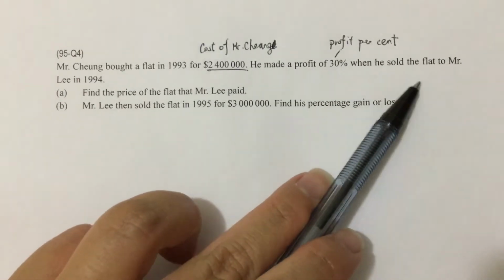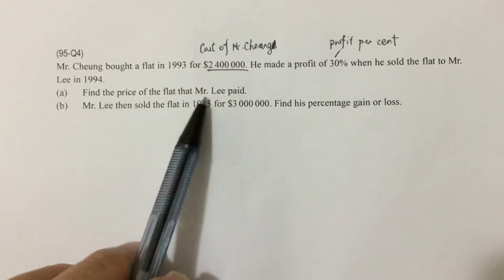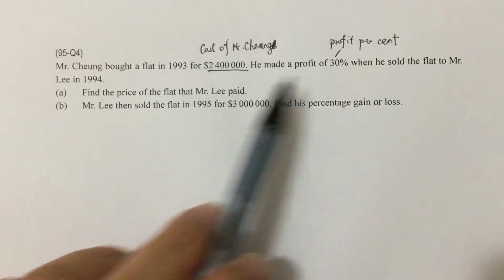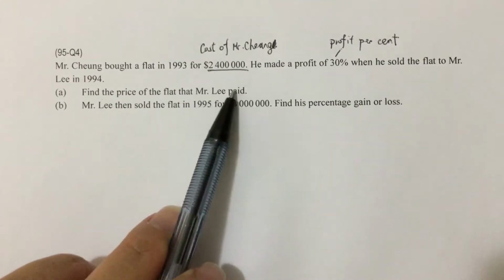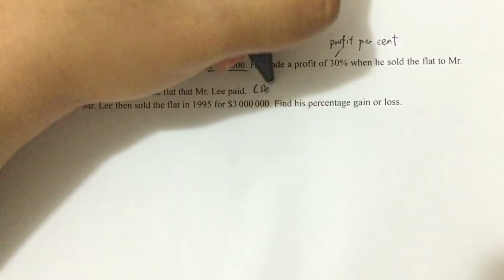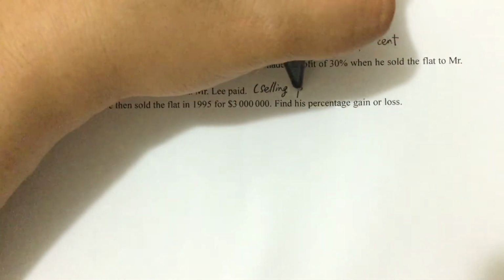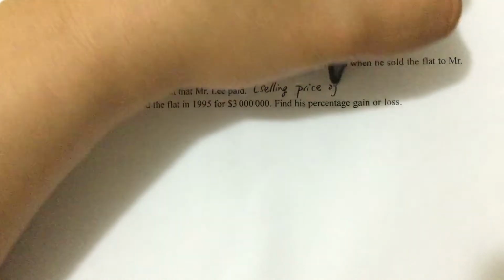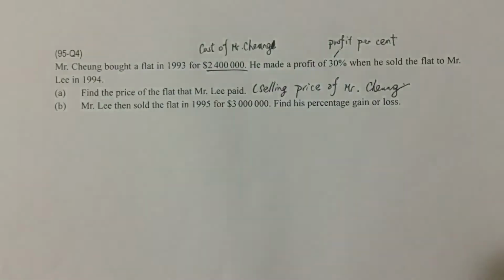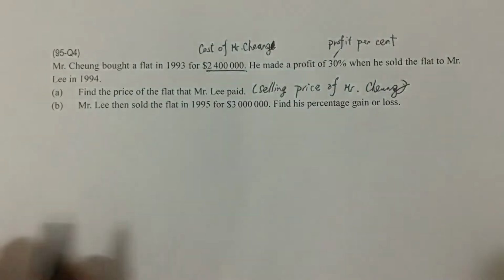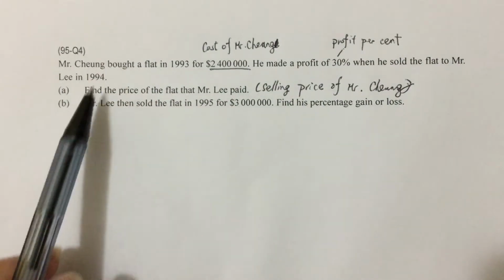And when he sold the flat, you have to find the price that Mr. Lee paid, because he sold the flat to Mr. Lee. That means the price of the flat that Mr. Lee paid is the selling price of Mr. Zheng. So let's do part A first.